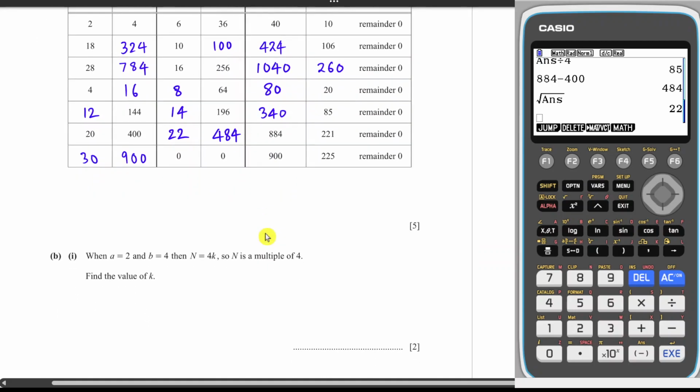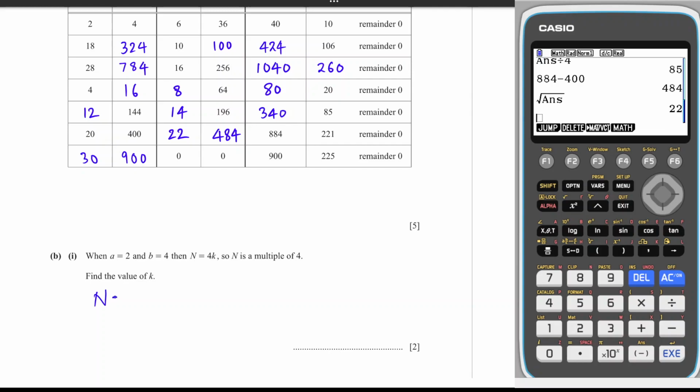What is the value of n? n is equal to a squared plus b squared. That is 2 squared plus 4 squared. That gives me 20, which is 4 into 5. So this is my k. So k is equal to 5.